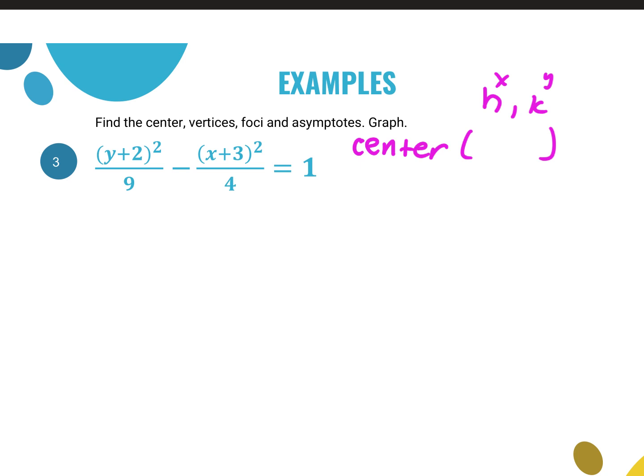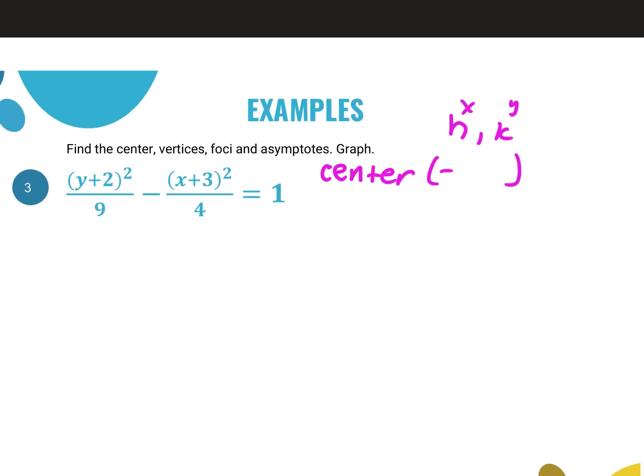Don't just say, okay, the first one is 2, so it's negative 2. It's not. Your H value is what? Negative 3. And what is your K value? Negative 2. Whatever is with the X is your H. Whatever is with the Y is your K. Does everybody see that? All right, we're set equal to 1, so that makes life a little easier.